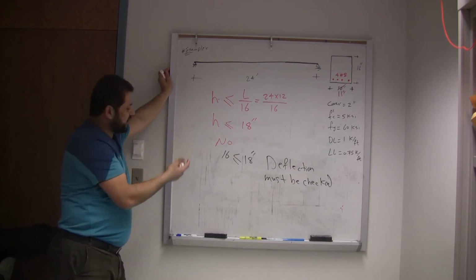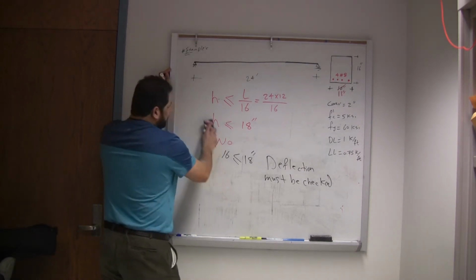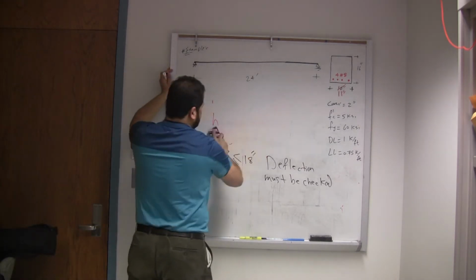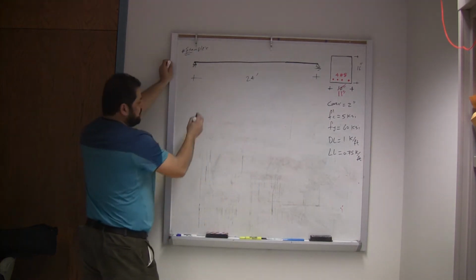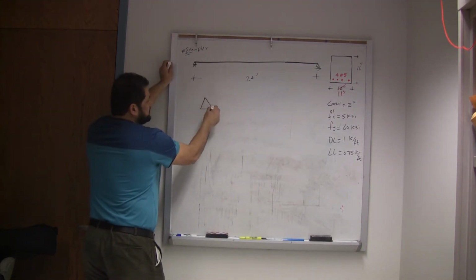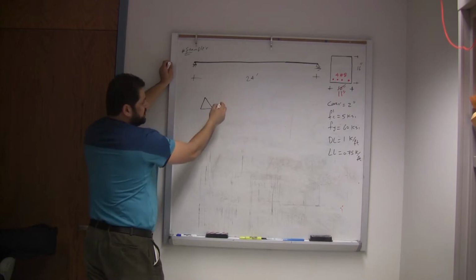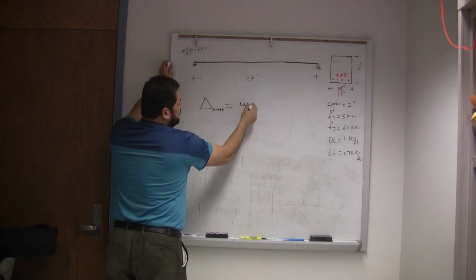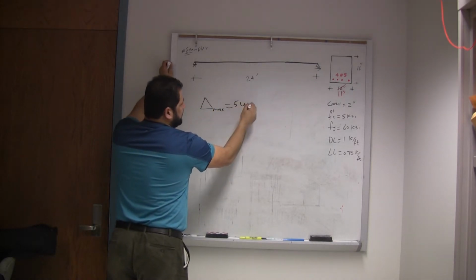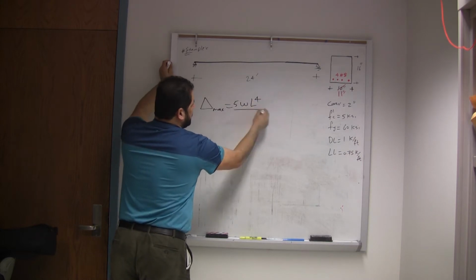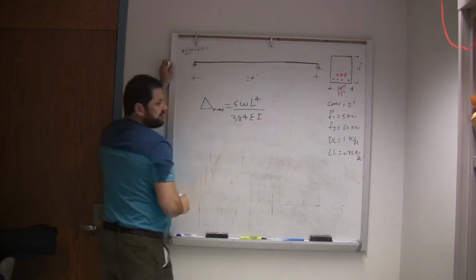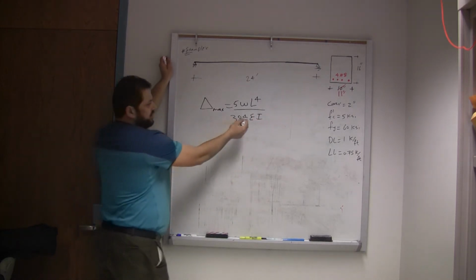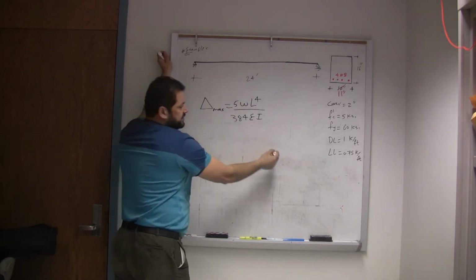Before we calculate the deflection, as you guys know, the formula for the deflection is the following. Delta max for simply supported beam equals 5 W L to the power 4 over 384 E I. We're talking about concrete, so E concrete.